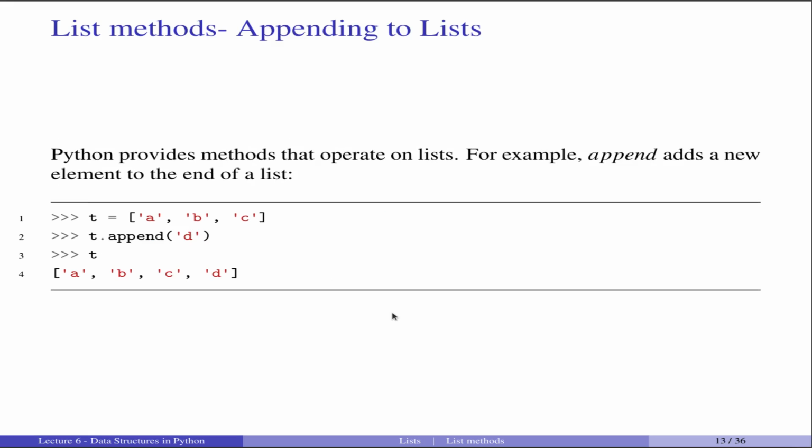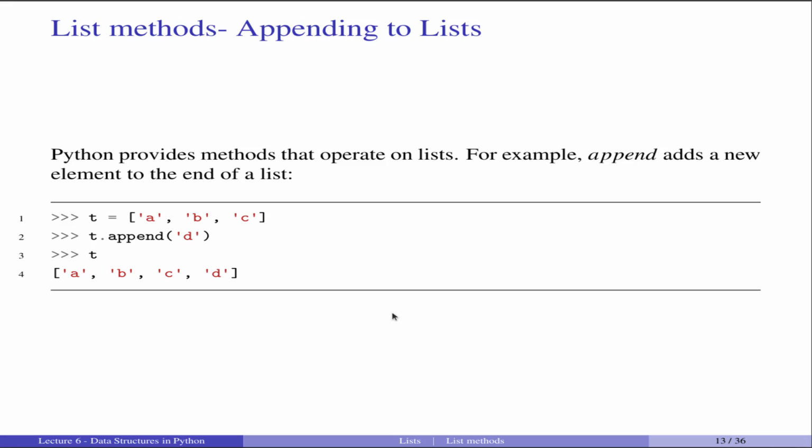Now we will see some list methods that are provided within Python. All right. So Python provides methods that operate on lists. For example, the first one is called append. Append means to add something. So for example, append adds a new element to the end of the list.